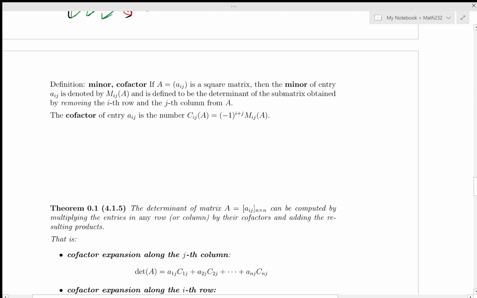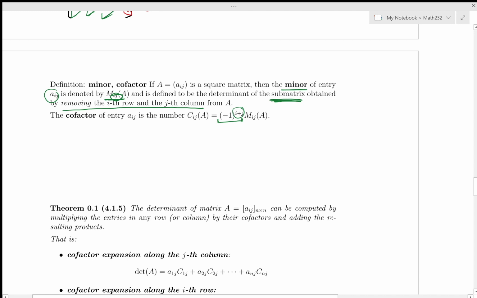So if we have a square matrix, then the minor of entry a_ij, which we're going to denote by M_ij of A, is defined to be the determinant of the submatrix, a smaller matrix obtained by removing the ith row and the jth column. You can tell which row and column to remove because it's indexed right there. And then the cofactor is very similar to the minor, but we multiply by -1 to the sum of the row and column index so that we have the right sign.